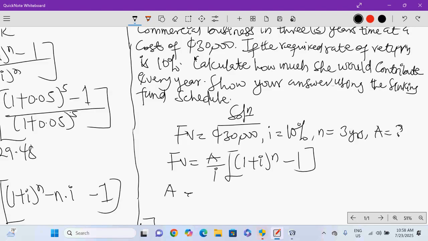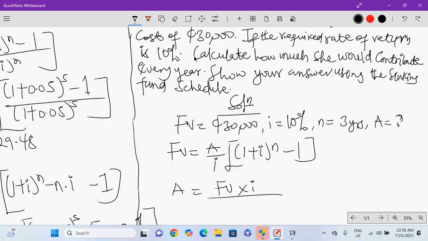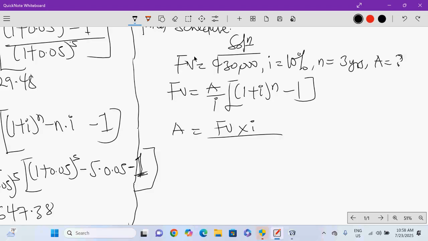So making A the subject, we have the future value times the interest rate, all over (1 plus I)^n minus 1.